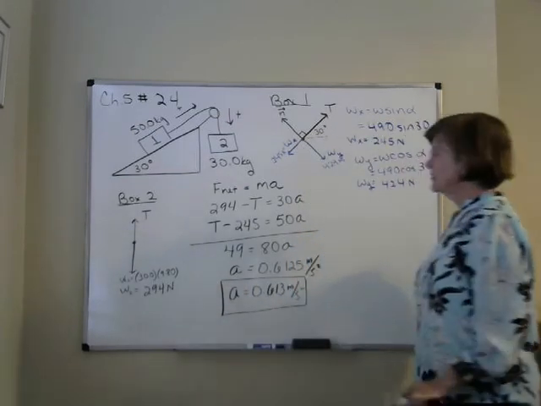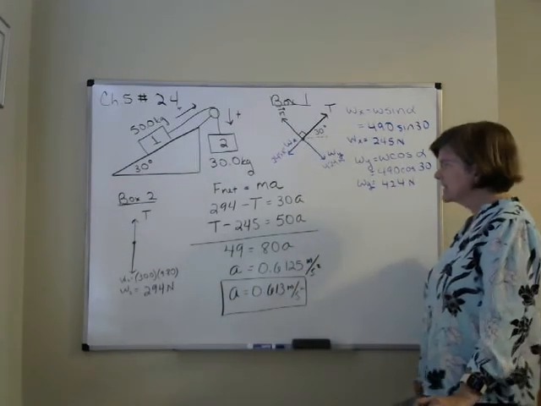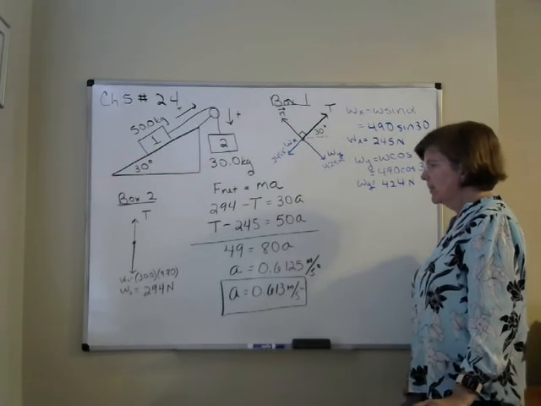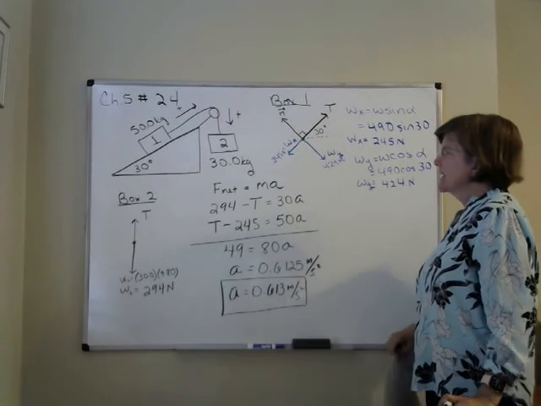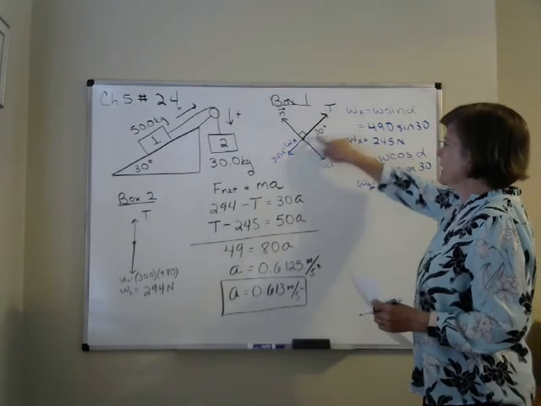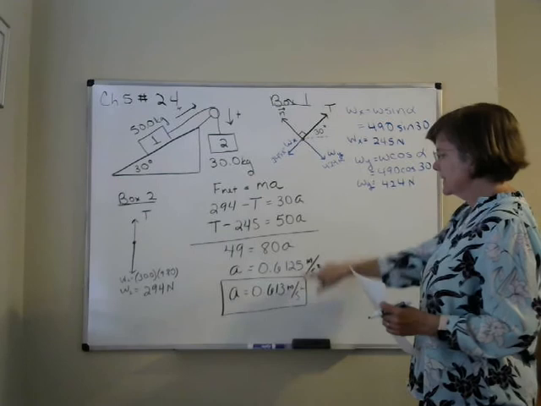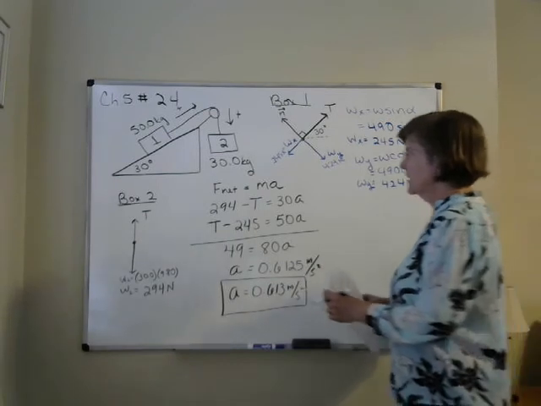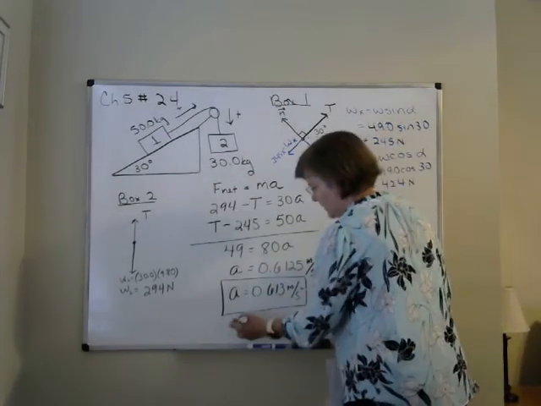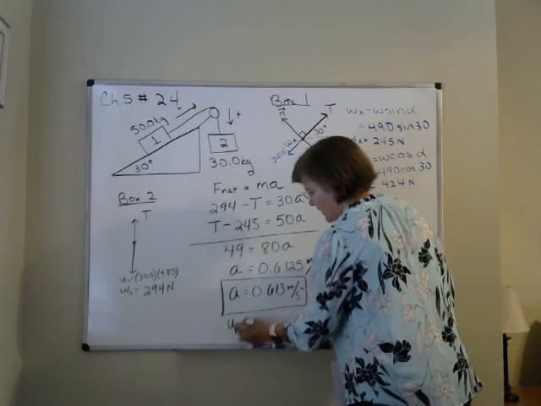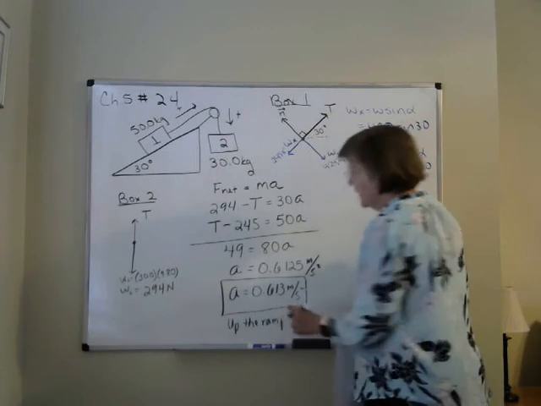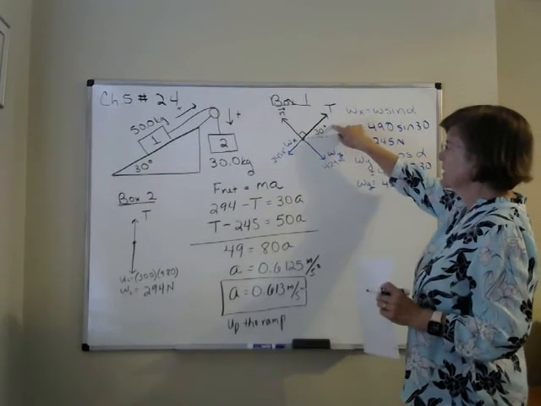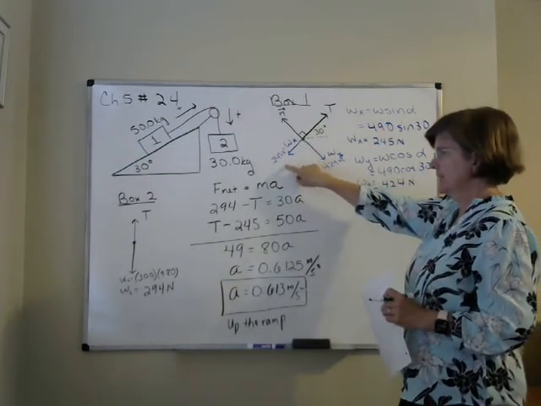That answered the question. They actually did not ask us to find the tension in the rope. But I want to talk about the tension in the rope for a minute. If it's accelerating, if this box is moving up the ramp, and it is, this is a positive acceleration, so we know the box is moving up the ramp, then I think the tension has got to be greater than 245 newtons.